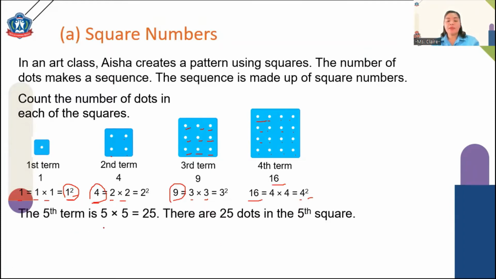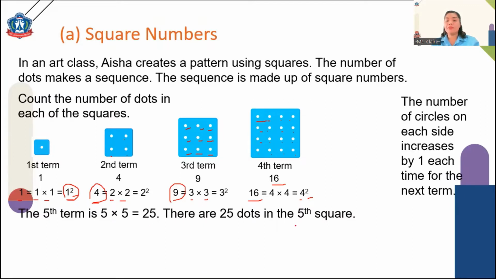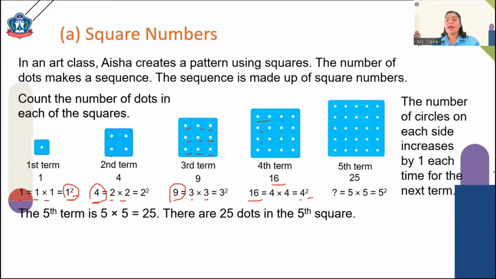The fifth term is 5 times 5 equals 25. There are 25 dots in the fifth square. So take a look. The number of circles on each side increases by 1 each time for the next term. For example, this is 1, it will extend 1 on this side and 1 on the other side.